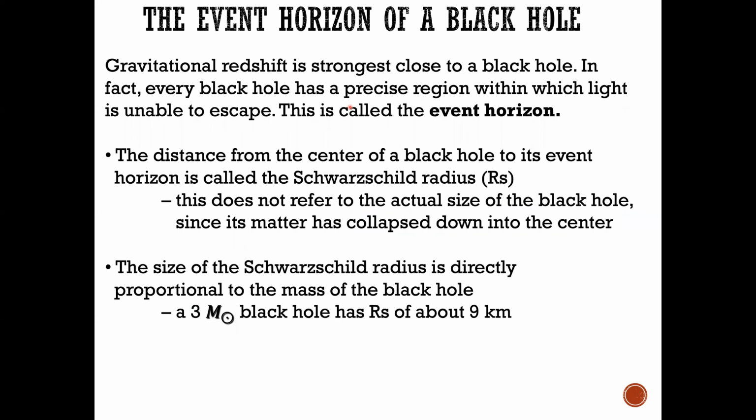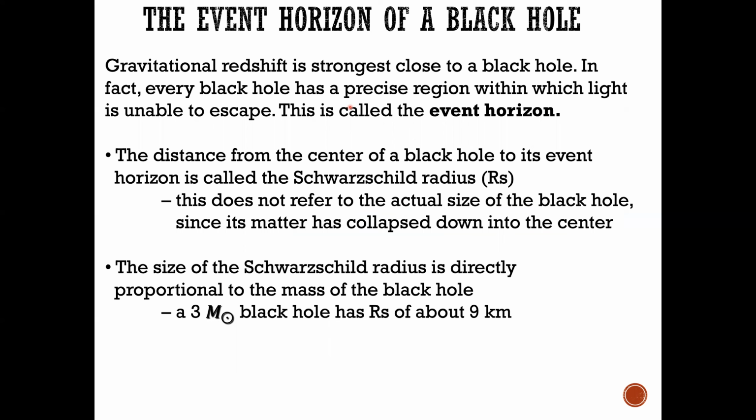Now, I use the word event horizon frequently, so let me explain what the event horizon is. If you think about gravitational redshift, it is very strong close to a black hole. In fact, every black hole has a precise region within which light is unable to escape. And this is called the event horizon, right?